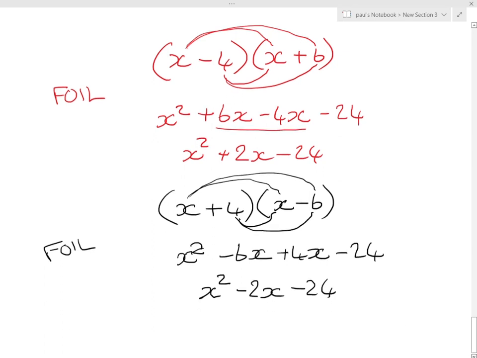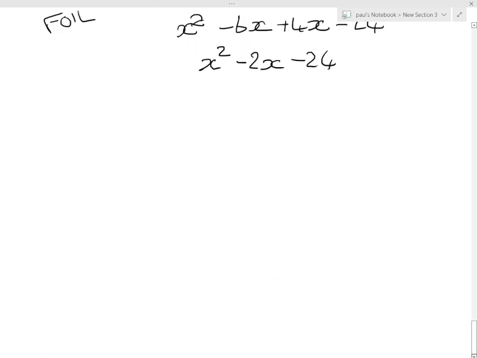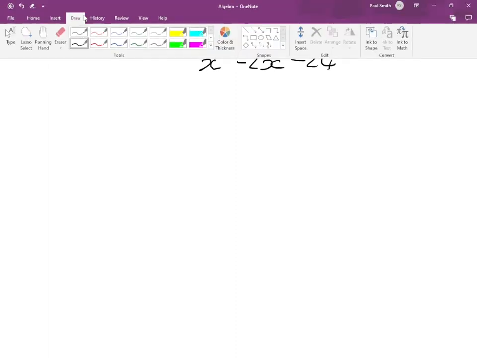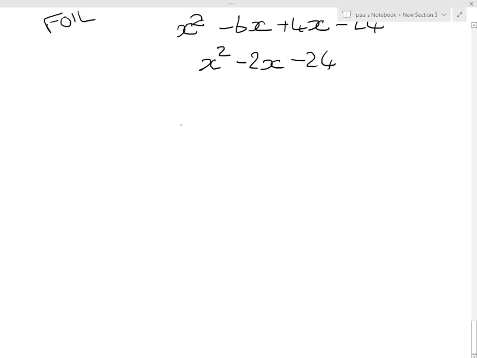Okay. Only other thing to mention here is, oh no, there's 2 other things. So let's do 3. 3x minus 3 and x plus 4. I wonder what this is, yeah?